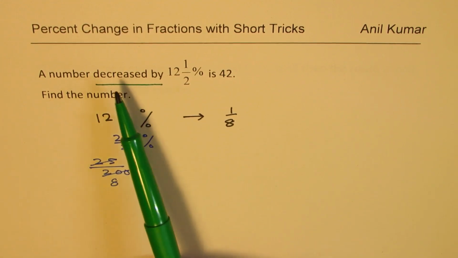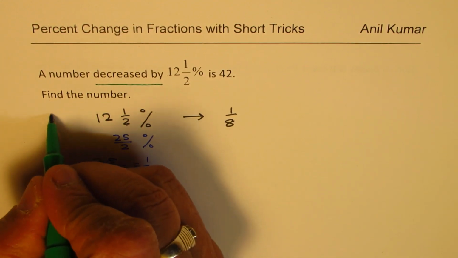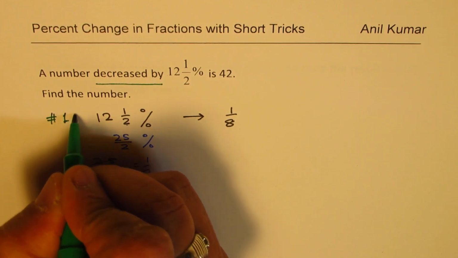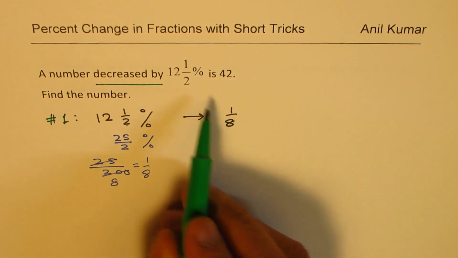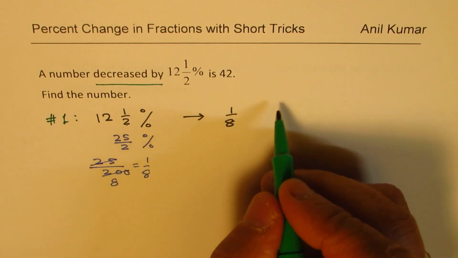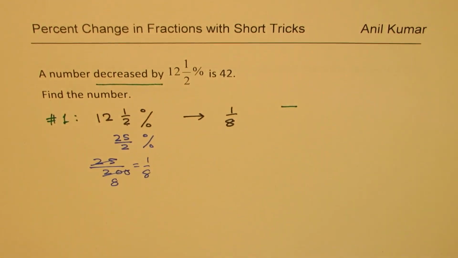Okay, now let's look into the question. So the first step here is to get the equivalent fraction of the percent. Now we are saying decrease. That means we are going to decrease the number.